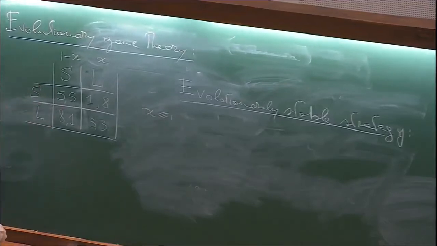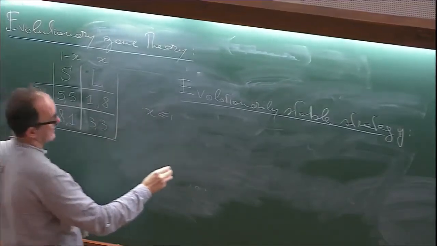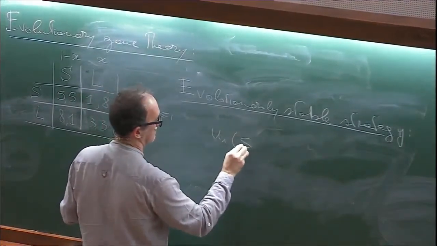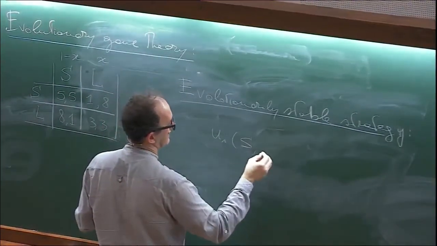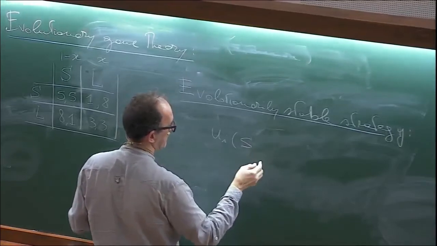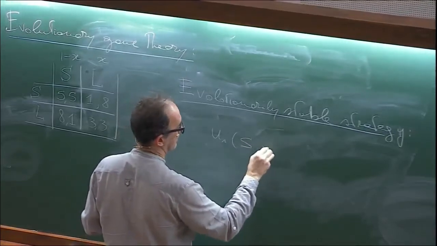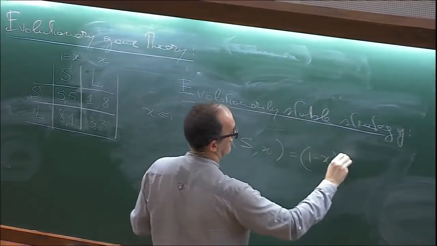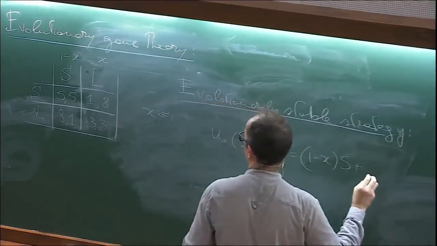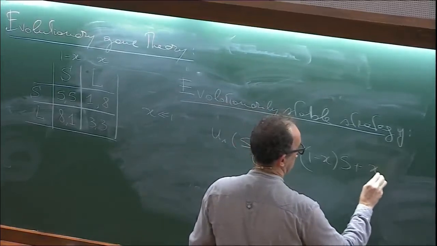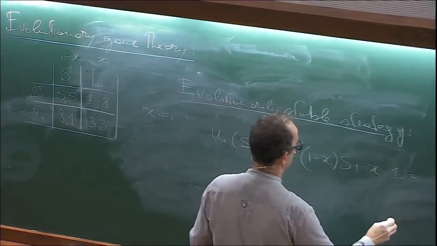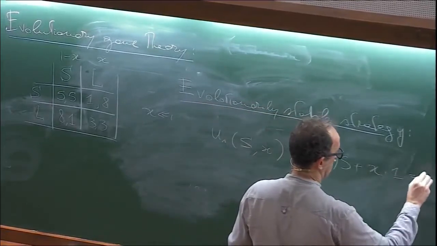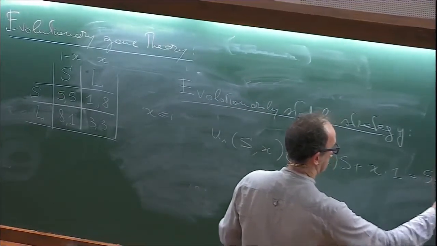In this case, the fitness of the small beetles against this mixed population would be (1 minus x) times 5 plus x times 1, so it is 5 minus 4x.